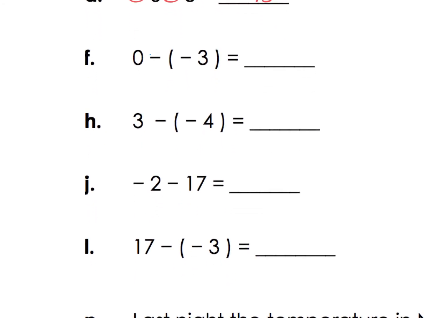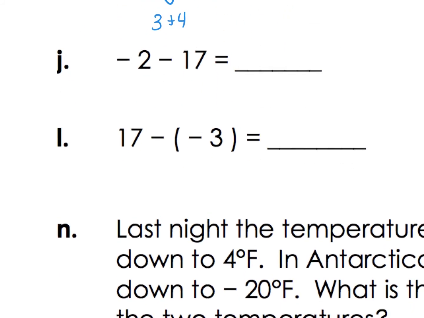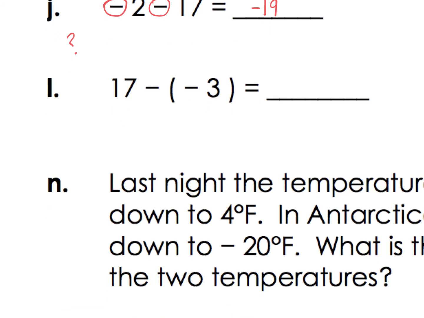Here, let's draw our face. 0 plus 3 is 3. We have another face. Getting pretty good at these faces. To get 7. Here, same signs are sad, so we add. 17 plus 2 gives me 19, and I keep the sign.